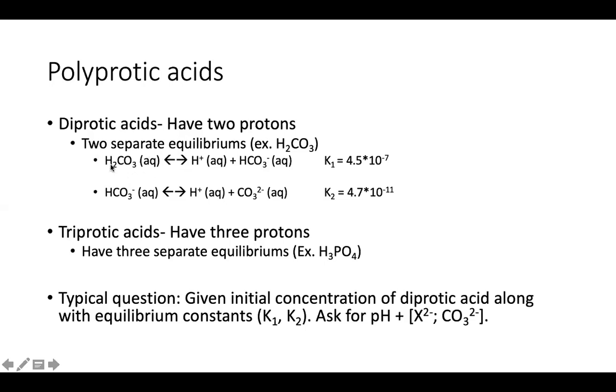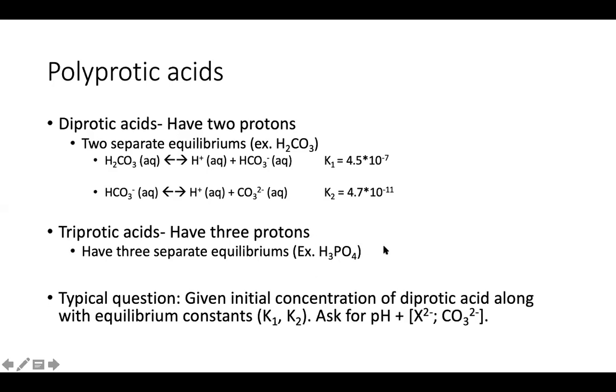For carbonic acid, we're going to have 2 different equilibriums, with the first one being the loss of the first proton, and in the second equilibrium, we lose the second proton. Something like phosphoric acid would have 3 separate equilibriums.